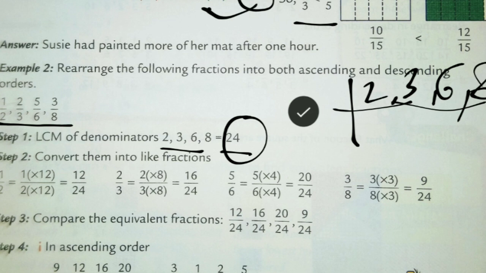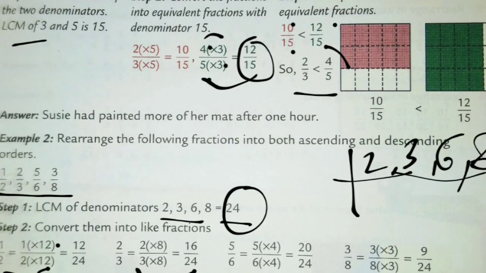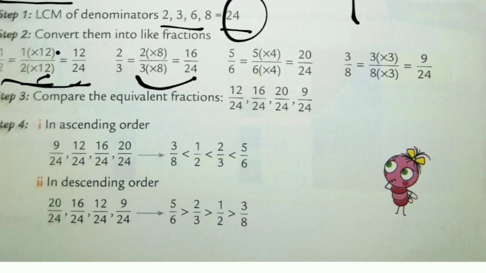After that the first number is 1 by 2. We know that in this 1 by 2, what number do we multiply with 2 to get 24? We will multiply by 12. So the same number is multiplied with the numerator. Same here, what number do we multiply by 8 to get 24? The same number is multiplied with the numerator.